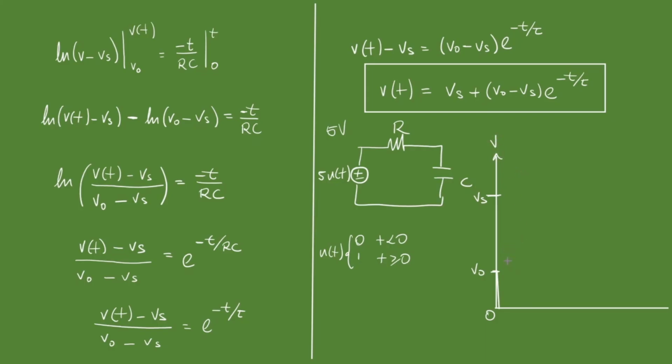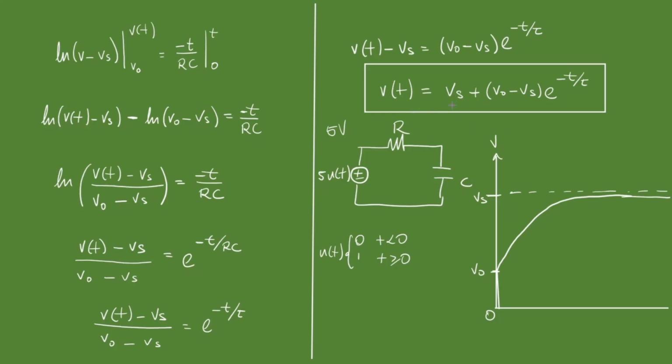So what is going to happen is that this graph is going to look something like this. It's going to start with the initial voltage of the capacitor and then increase in sort of an exponential manner and then even out at the voltage at the source. That is why, if you take the limit of this to infinity, the voltage is going to be equal to Vs.